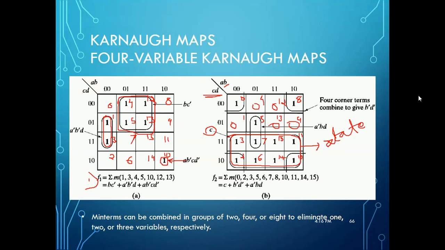Because, see here, 1 changes to 0. What is this value? 1 is B, and once you have 1 and this 0, that gets cancelled. And again here, A changes. A also has two values: here 0 0, here 1 1, so that also gets cancelled.